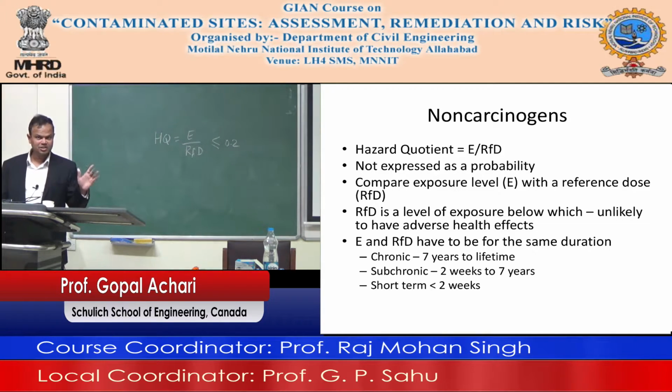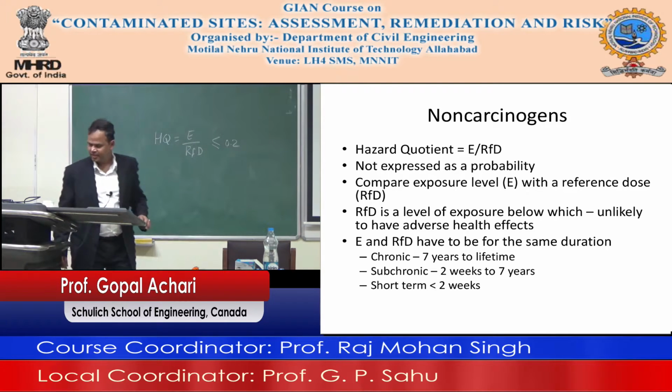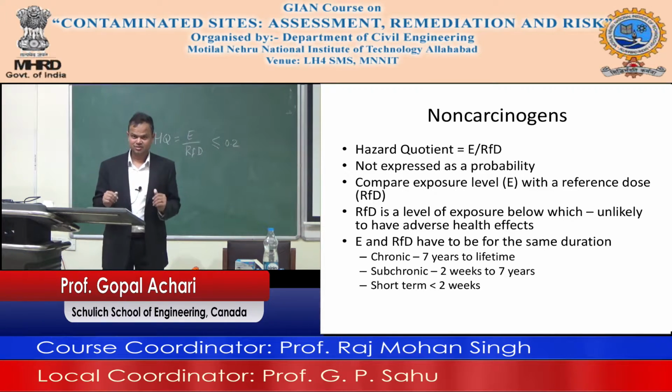A very different concept compared to cancer-causing material, where you are talking about just risk as a probability, right? So the aggregate risk of multiple substances is the summation of risk.